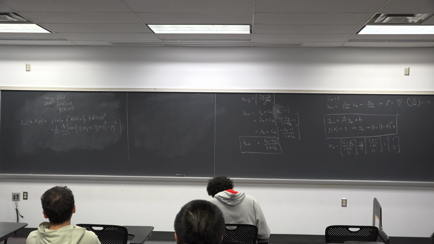So I have x in R^n. I have a bunch of inequality constraints. I want to convert them to equality constraints. What can I do?